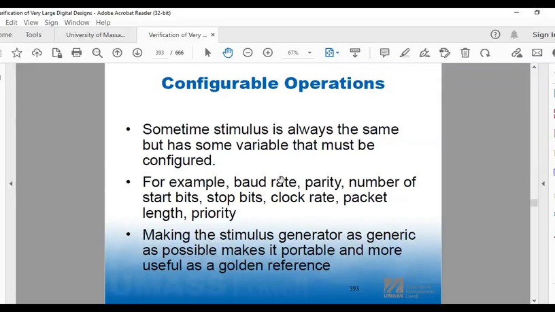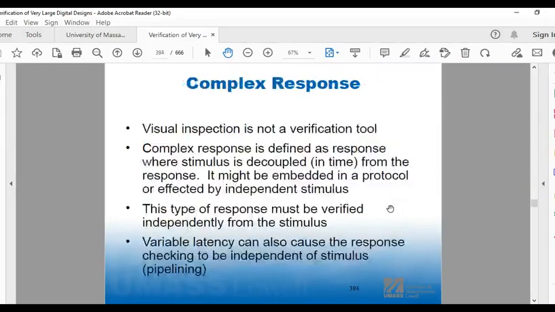So you don't want to go crazy with it, but a lot of times you can get away with a general bus functional model that you can configure for different versions of what you're trying to do. So I went to full extent. That's not a good idea, but something that's configurable. And then also you might consider having a test case that randomly configures the DUT, right?